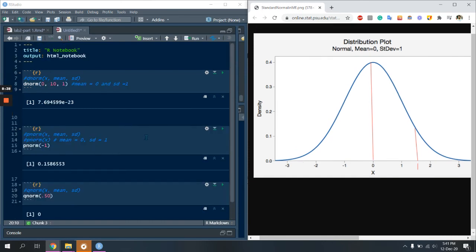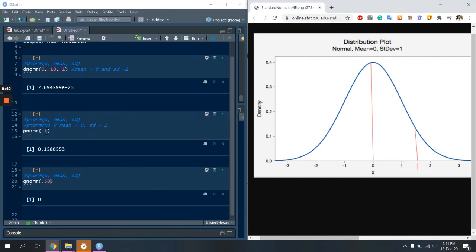In pnorm, we give the x value, and it shows how much data lies up to that point. And in qnorm, we give the percentage. Suppose I want to know in which point I have 70% of data, and it gives us the x value here. So that's the difference between dnorm, pnorm, and qnorm.